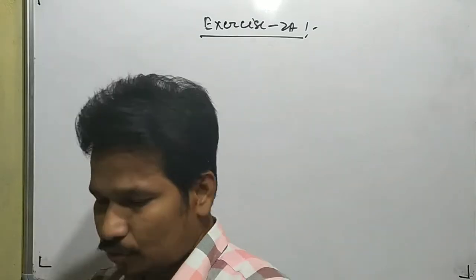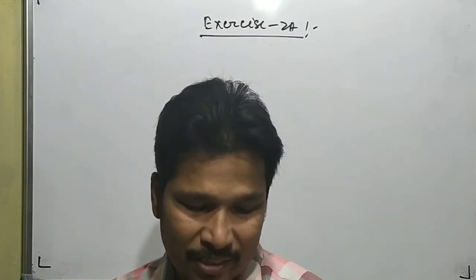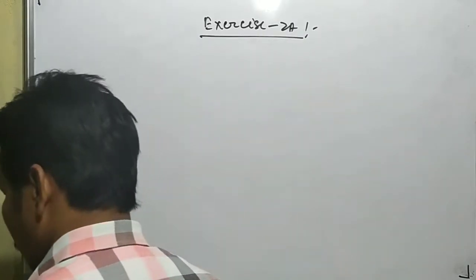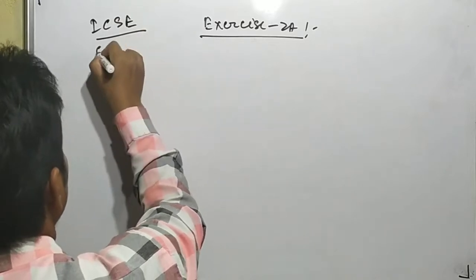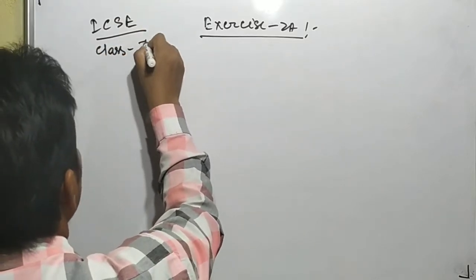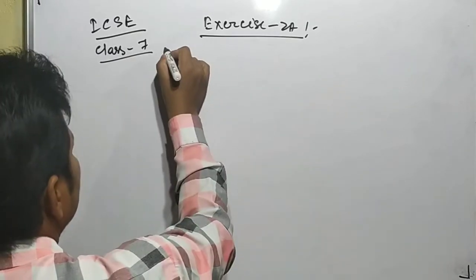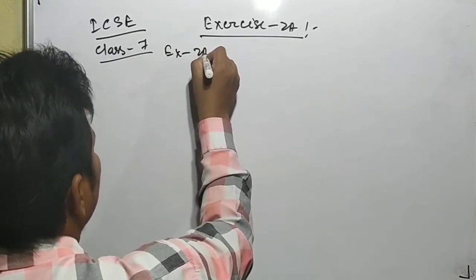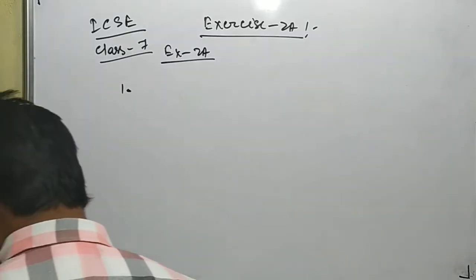Now the first question is: convert the following mixed fractions into improper fractions. Suppose the book is from the ICSE book, class 7. Exercise 2a, question number 1.